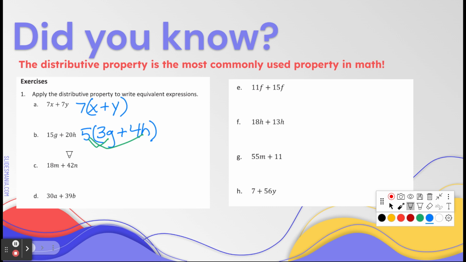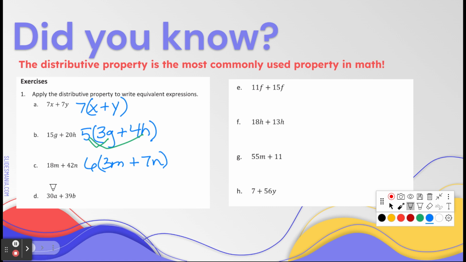If you said 6, you are correct. 6 is the greatest common factor of 18 and 42. So let's put 6 outside our parentheses as our factor there. And you would multiply 6 times 3 to get 18. So we have 3m plus 6 times 7 is 42. So you have 7n.